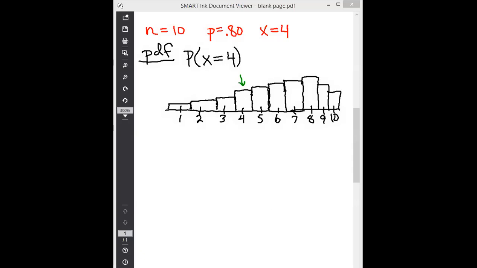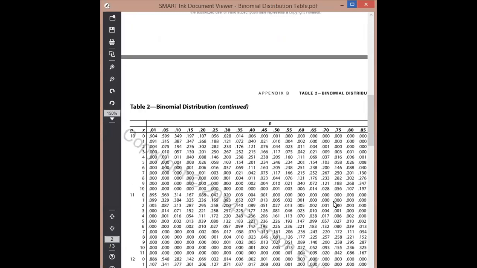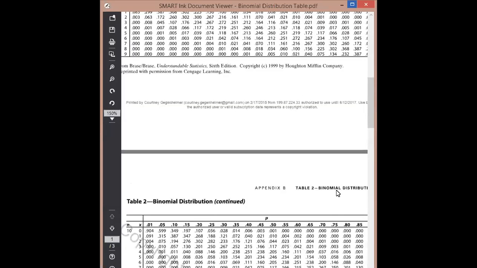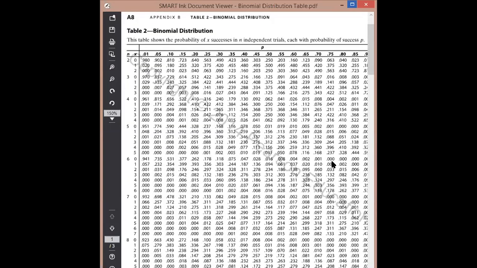Here's my binomial distribution table. This is in the appendix at the back of the book, and this is from an earlier edition of your textbook, so it should be pretty close to this. If you take a look, n, your number of trials, is over here on the left. Right next to that is x, your number of successes.